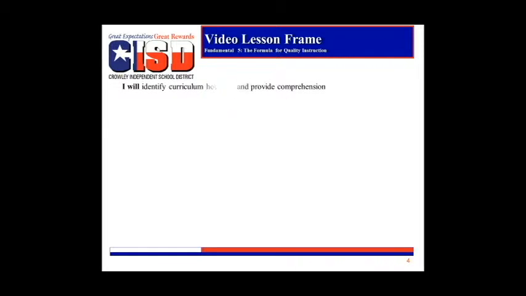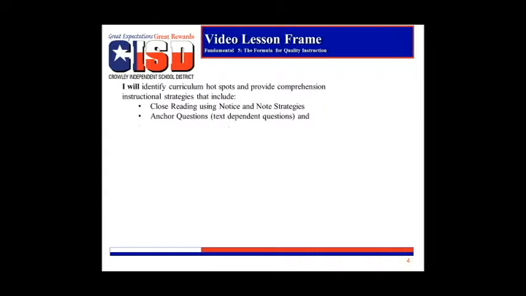For today's purposes, I will identify the curriculum hotspots and provide comprehension instructional strategies, which include the Notice and Note strategy, Anchor questions, and Fundamental 5 strategies.